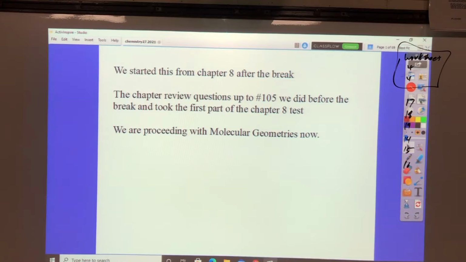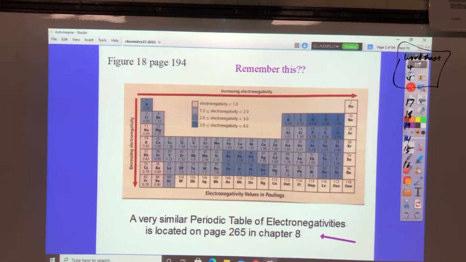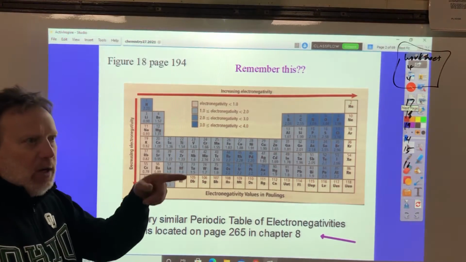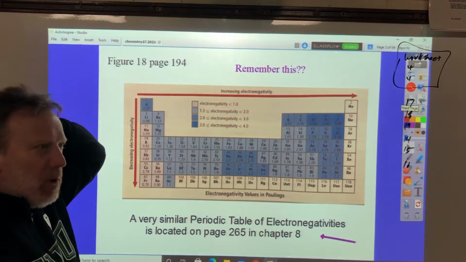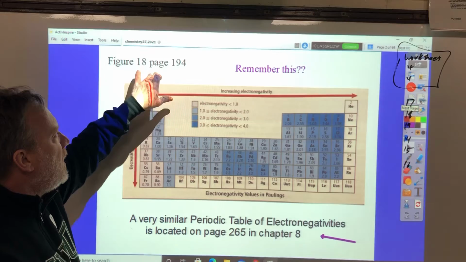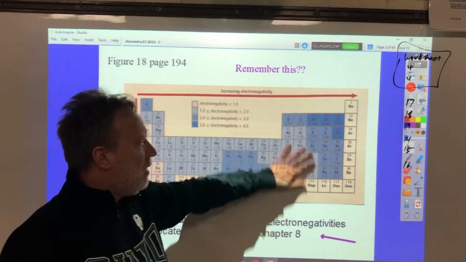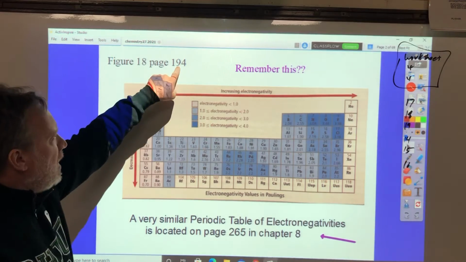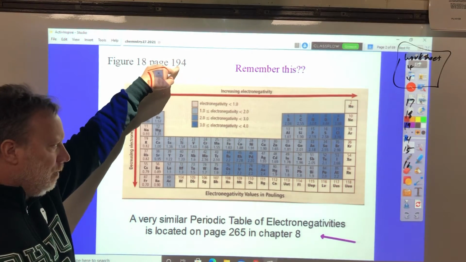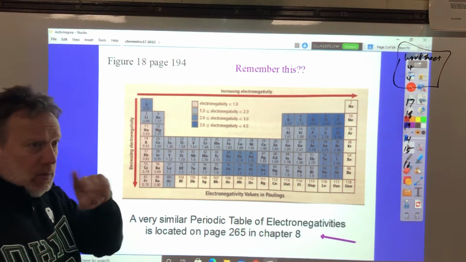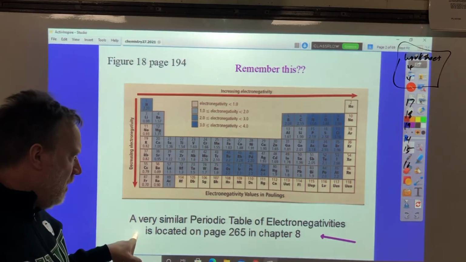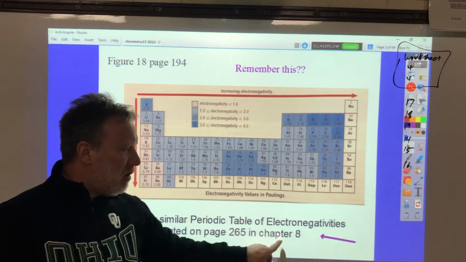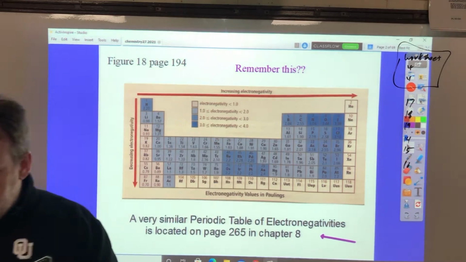And yes, we did talk about electronegativity and polarity of bonds, because about 6 weeks ago we looked at this periodic table of electronegativities from page 194. And I wrote a note when I put that in the book this year that there's a very similar one way back on page 265 in chapter 8, which is where we are now.